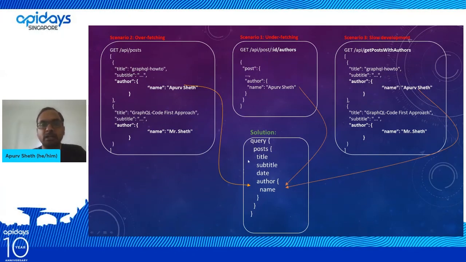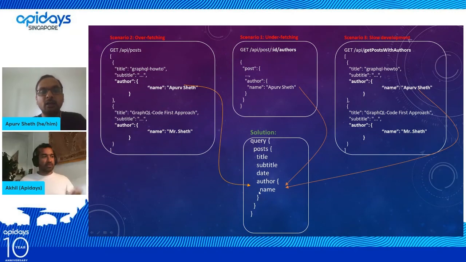But with GraphQL, we have a single query, like posts, and using this I can choose whichever attributes I want to use. So here title, subtitle, and date.